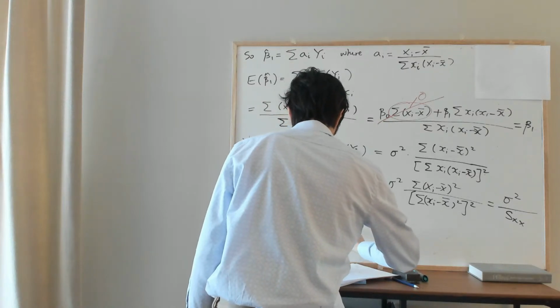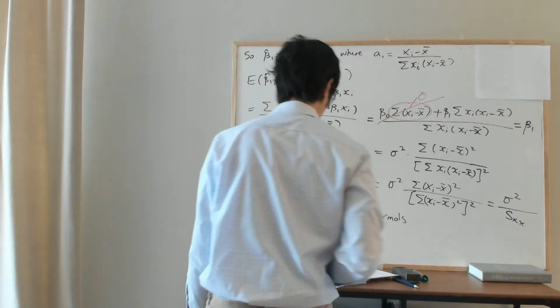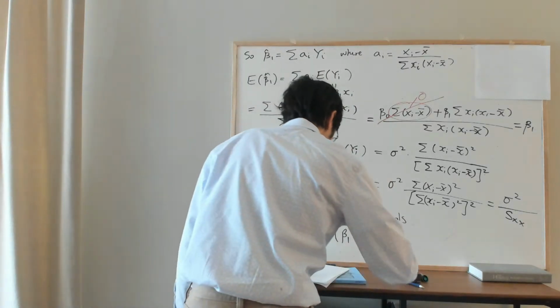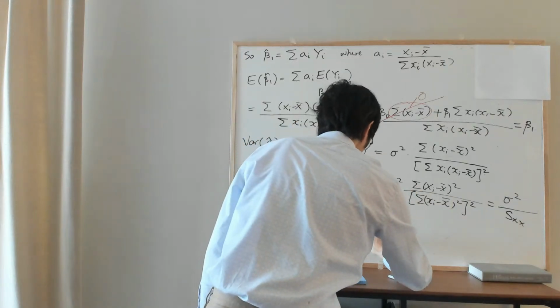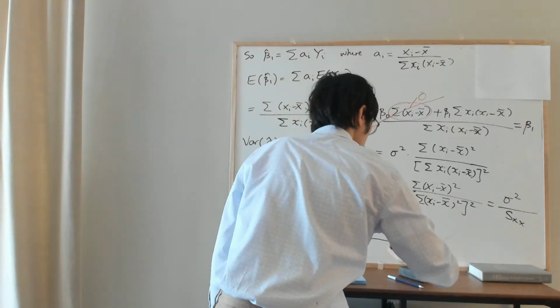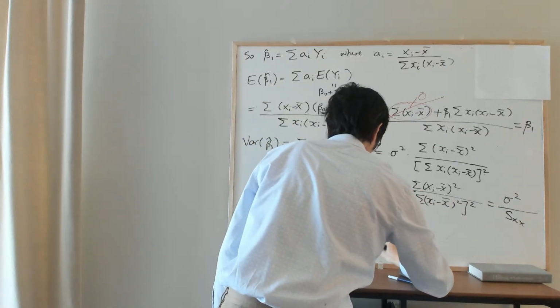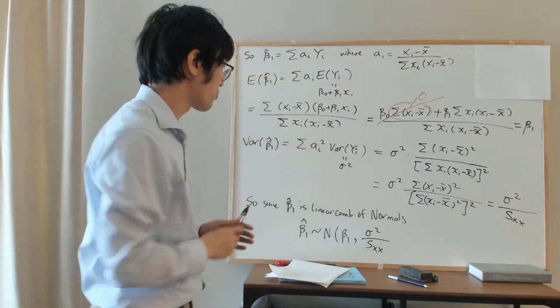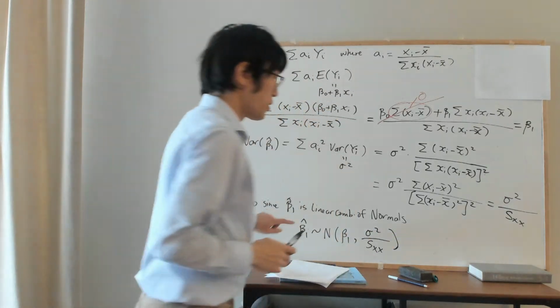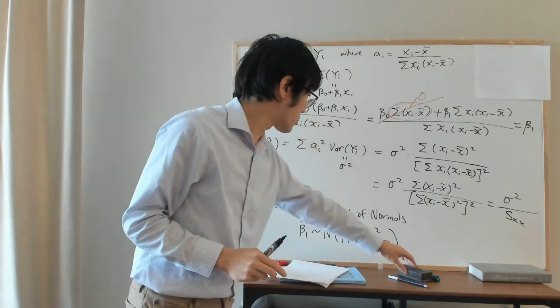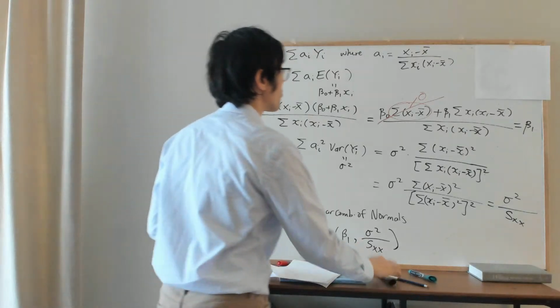Specifically, it's normal with mean beta 1, in other words, it's unbiased, and variance given by sigma squared over the sum of squares for x. Great, so that's the final result for beta 1 hat.